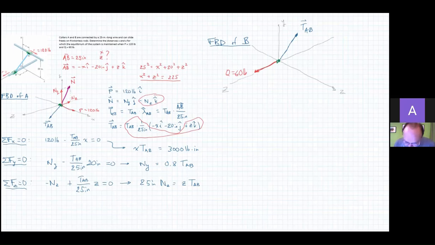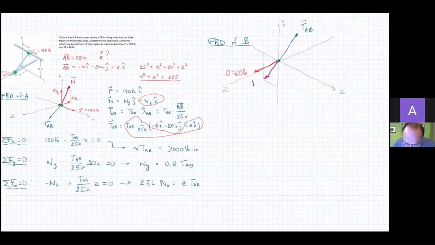So let's draw the force over here, in any direction. We can draw the components. They have to be normal to the z axis. So this could be drawn something like this.